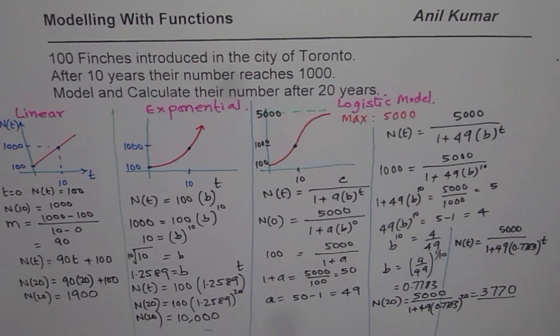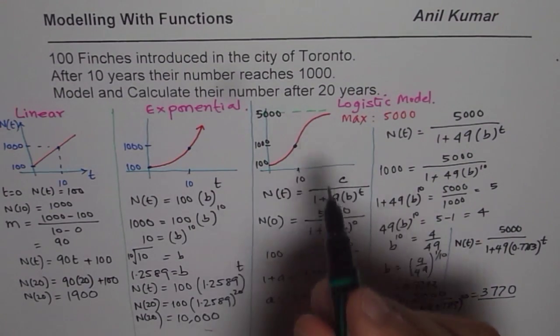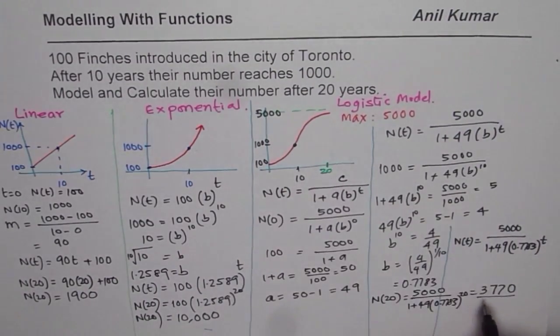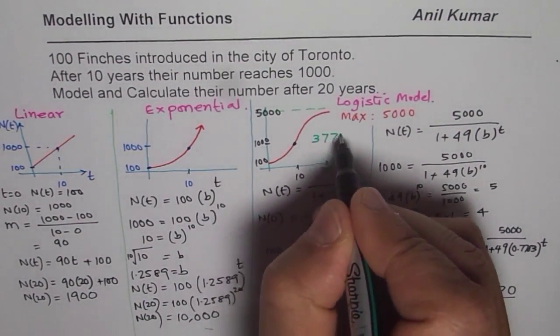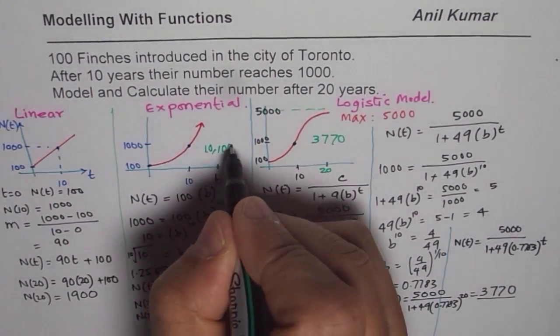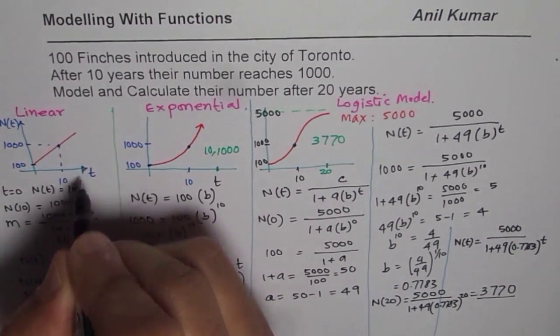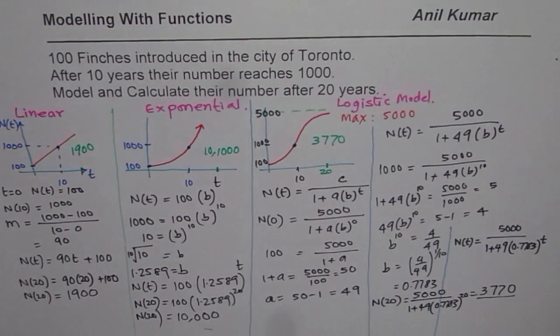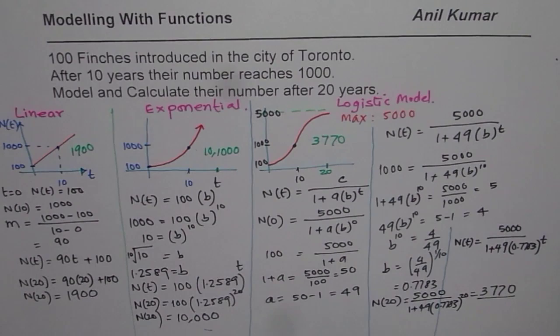So if we go with our models, the numbers which we are getting are like this. With this model, after 20 years the number is 3,770. Here in this case, after 20 years we get 10,000. Do you see that? And here after 20 years you get 1,900. So these are different results from different models. You have to think about which model to use in which situation, right?